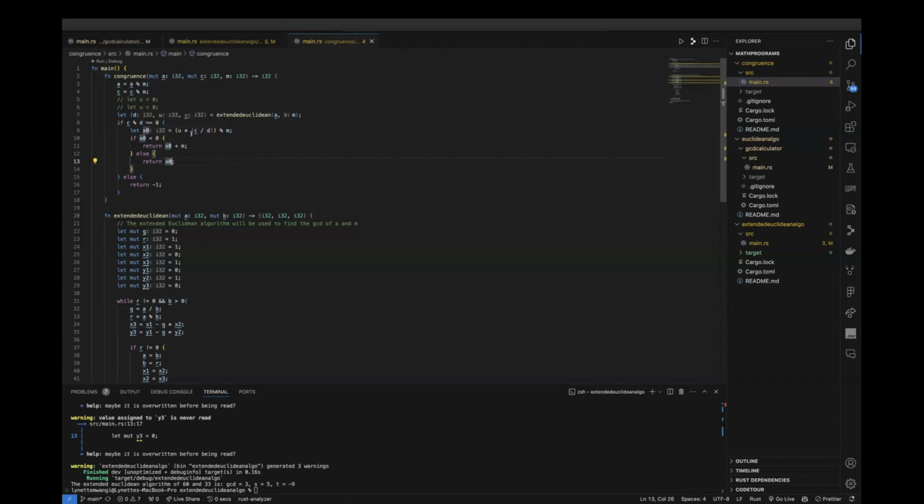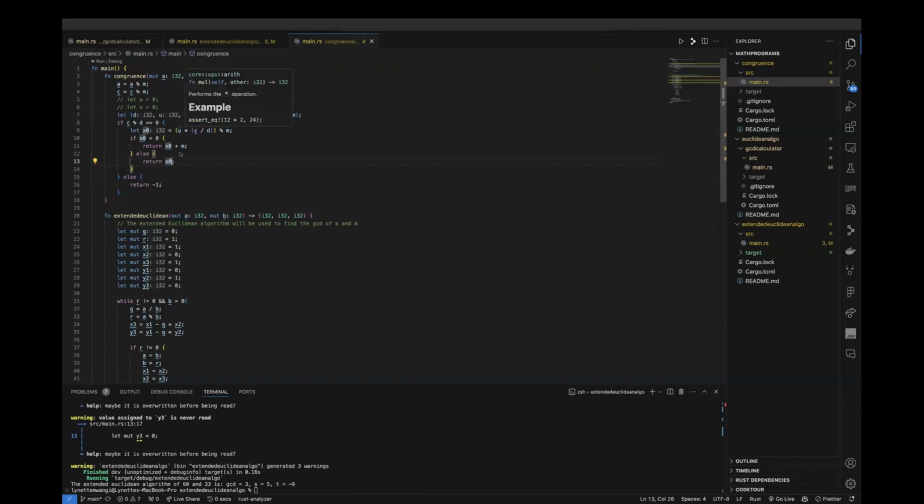Otherwise, okay, our first value is supposed to be our X. So from the extended Euclidean algorithm, we know X is multiplied by our first number, and then Y is multiplied by the second to give us our GCD. So it's supposed to find the first solution for our congruence.